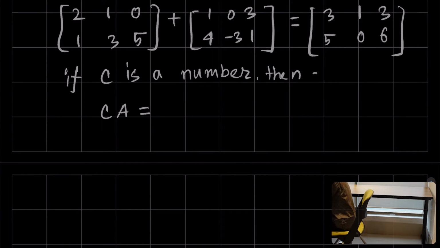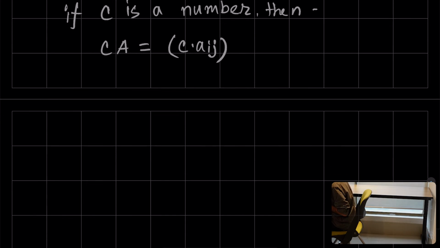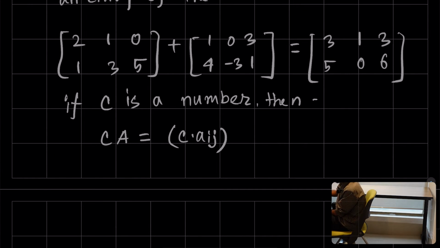I have to multiply it with all the entries of the matrix, right? So this is in general c times Aij, where i and j are the row index and the column index of this matrix, right? So as you can see, we can add two matrices as well as multiply a number with the matrix.